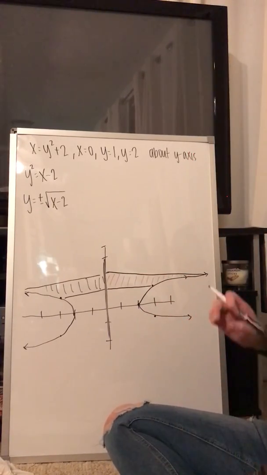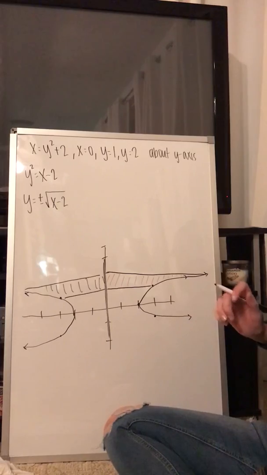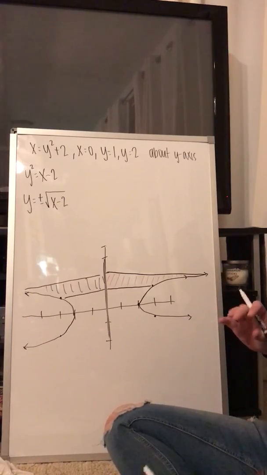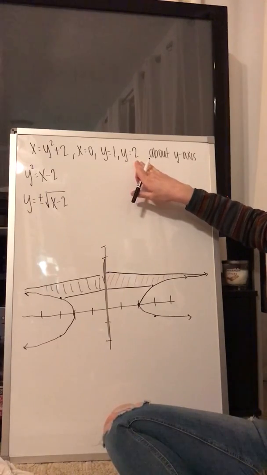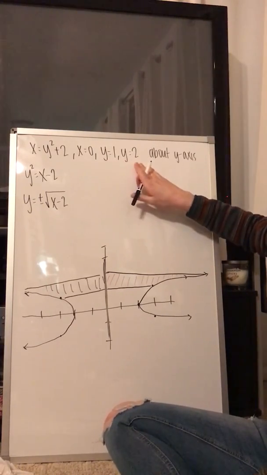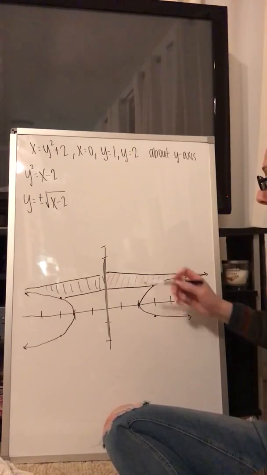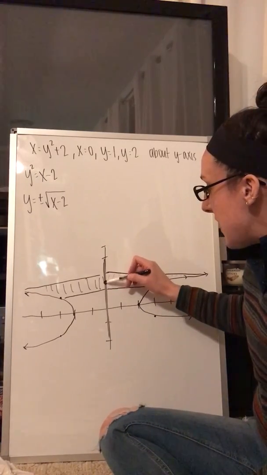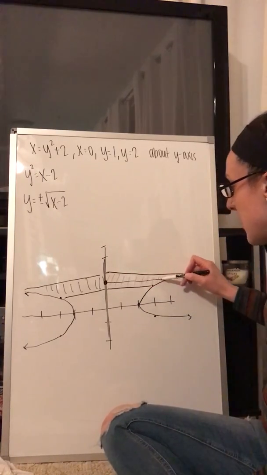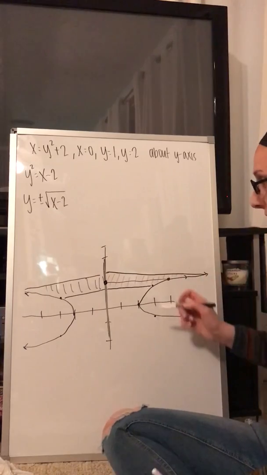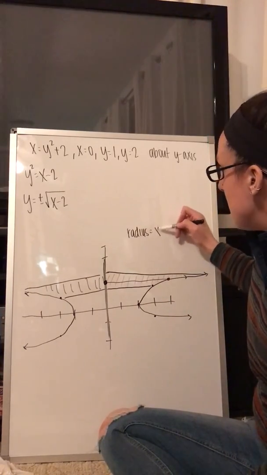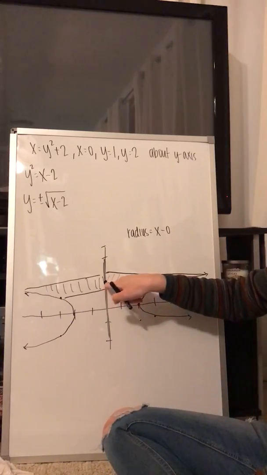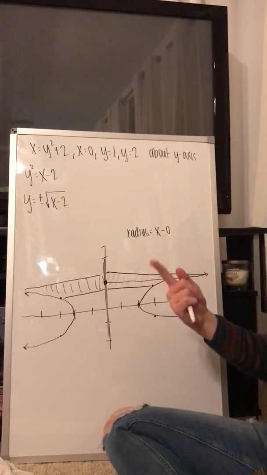All right, so then what I need to do is figure out what my radius is going to be, because I don't really need to worry about what my bounds are. It's actually telling me what the bounds are up here, with the y value of 1 to the y value of 2. But my radius is going to extend from my axis of rotation out to some x value. So my radius, again, is just x minus the axis that I've rotated about.